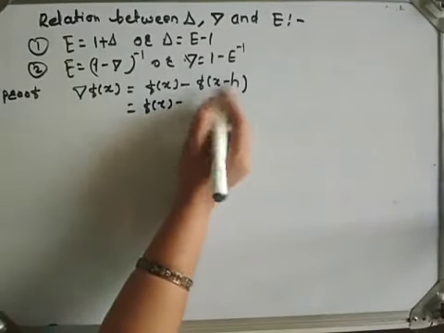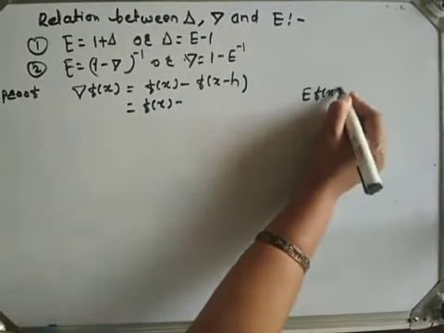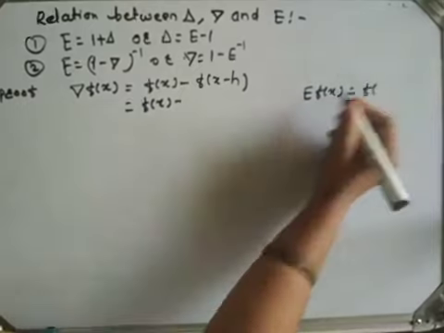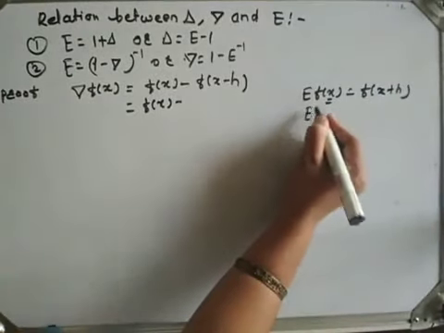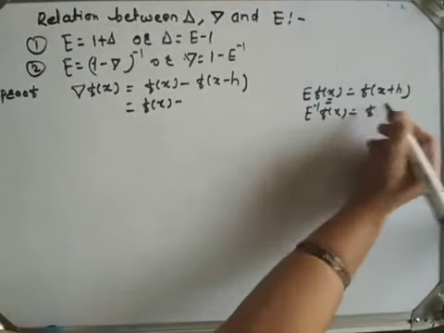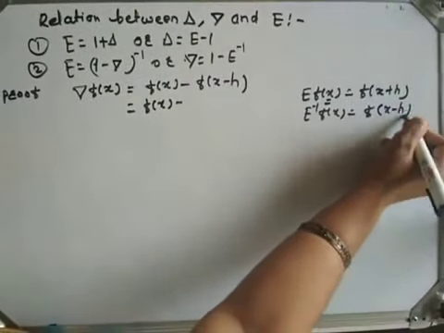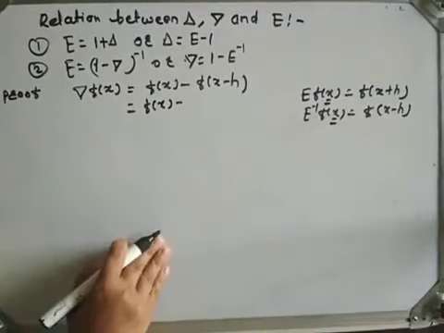We know that E of f of x is increased by h, and when we take the inverse of f of x, we get f of x minus h, which means the argument x is decreased by h.